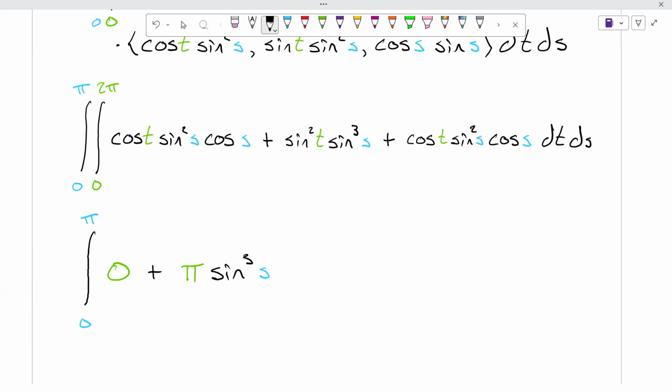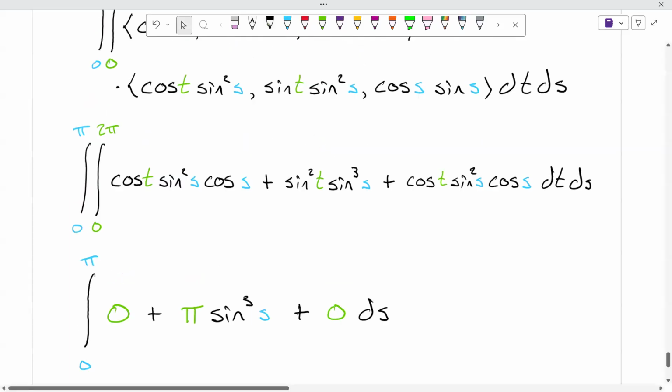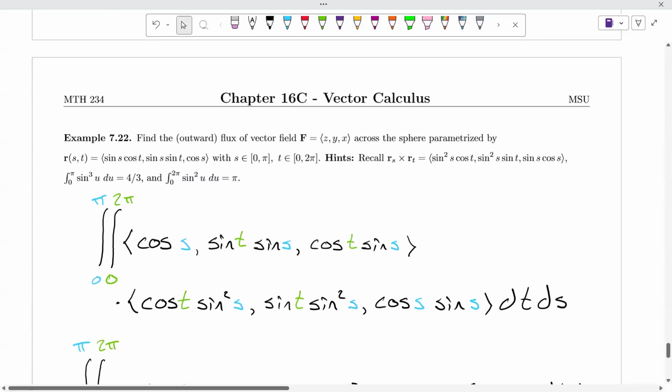And on the third part, once again, I am integrating cosine t over its full period, which will once again work out to 0. Right? If you think about the graph of cosine, it has exactly as much area above the x-axis as it has below the x-axis. And then ds is still left over here. And then the final hint that we need is that sine cubed integrated from 0 to pi goes to 4/3.